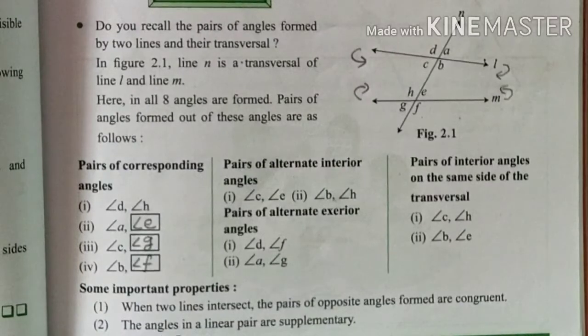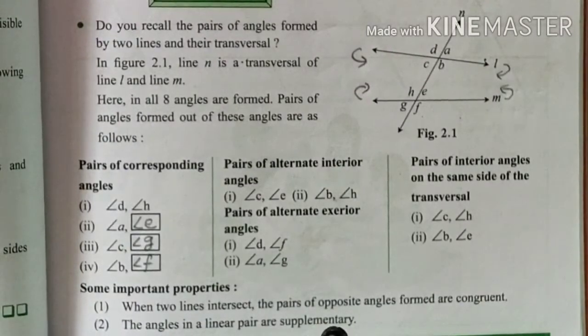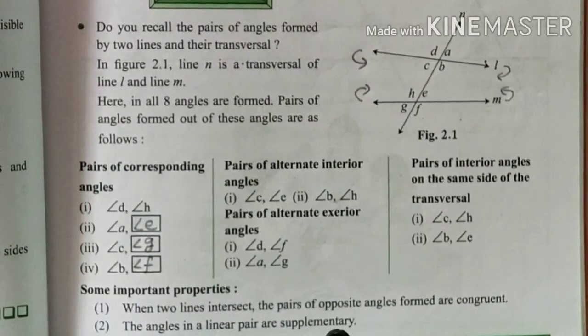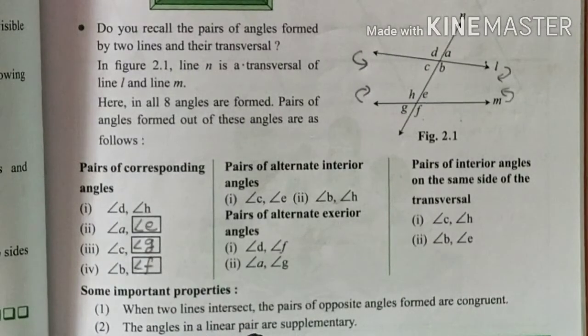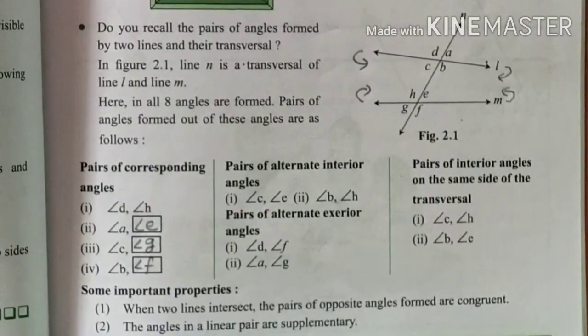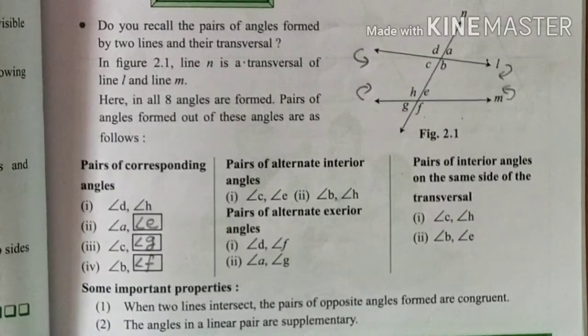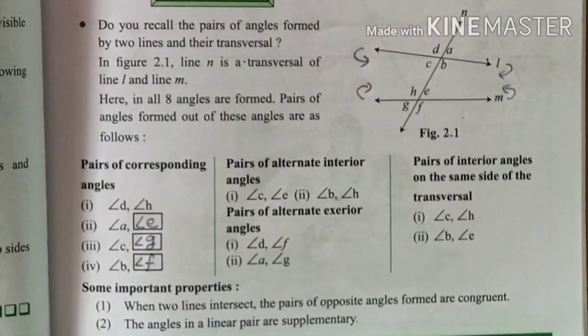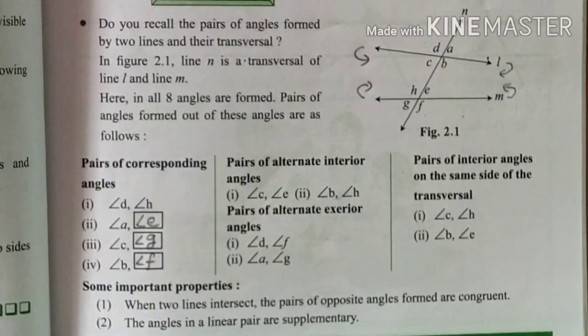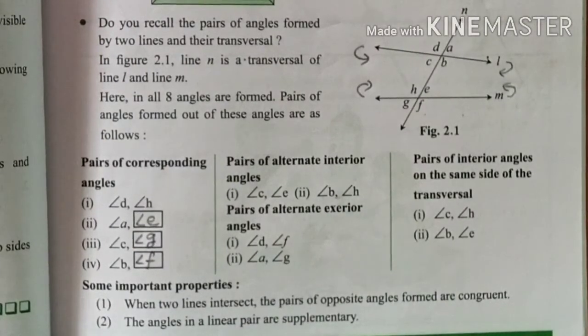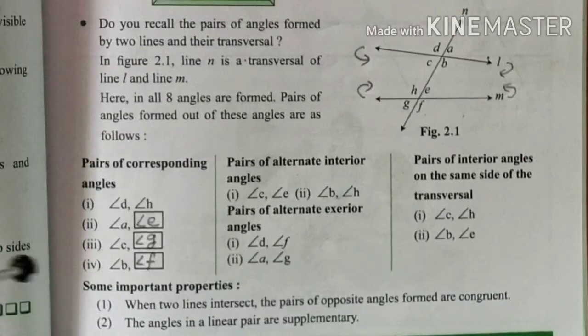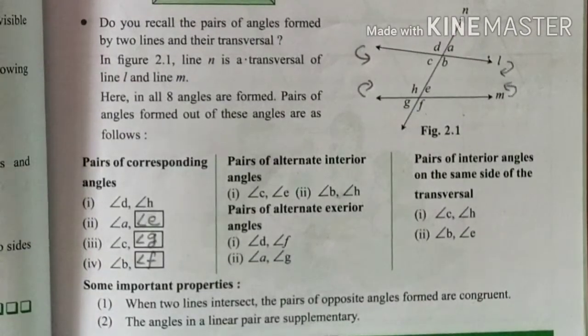The angles in a linear pair are supplementary. And supplementary means the sum of the linear pair angles is 180 degrees. That property is very well known. So this is the property that we have to use in solving theorems on parallel lines and transversals.